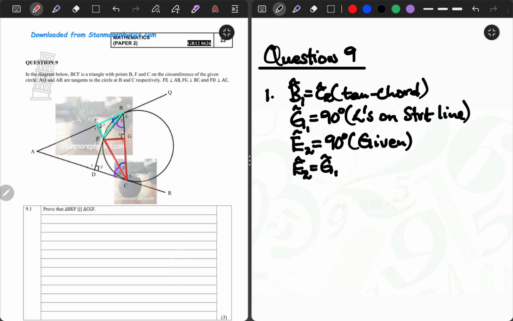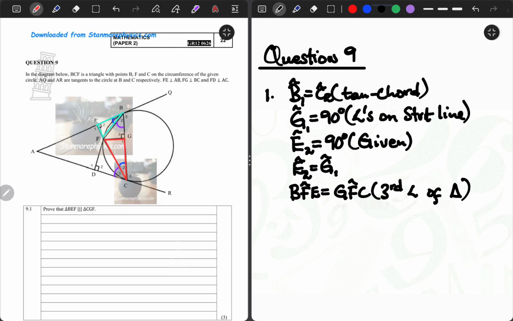Okay, and the last one now, angle EFB equals to angle GFC, and here this will be third angle of a triangle.